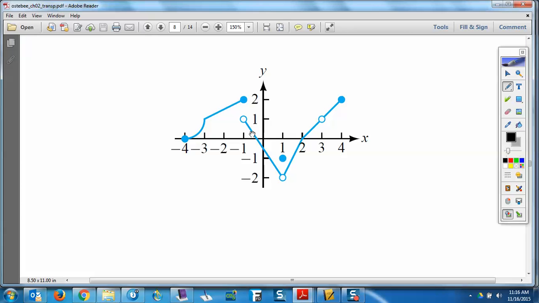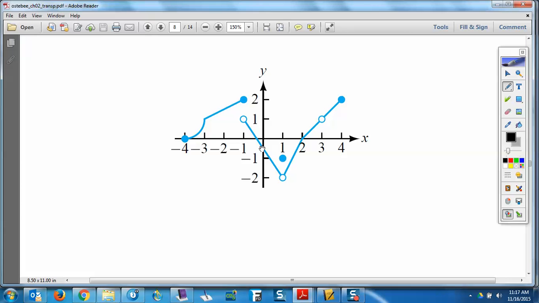As x approaches 0 from the left, I can tell I'm going over 2 and down 3, which is -3/2, -1.5. So if I go over 1, I go down 1.5. Over 1, down 1.5, so that's a slope of -3/2 right there.